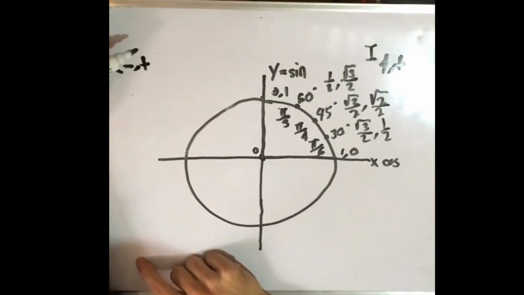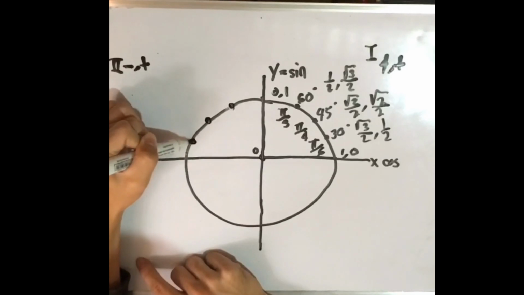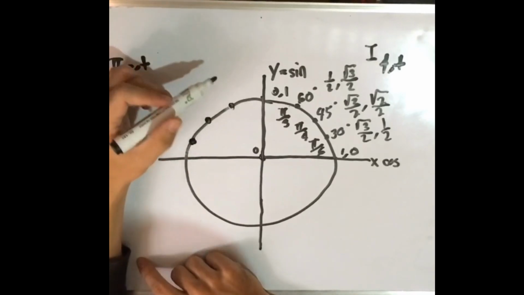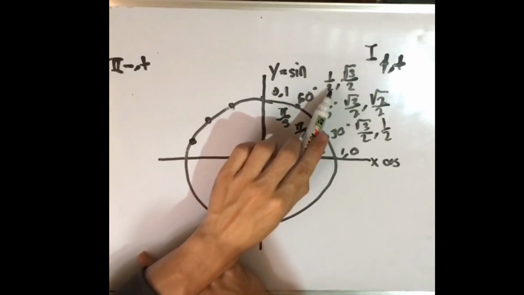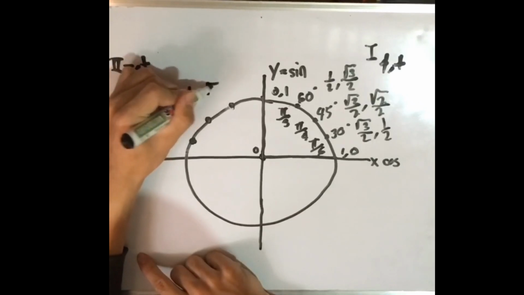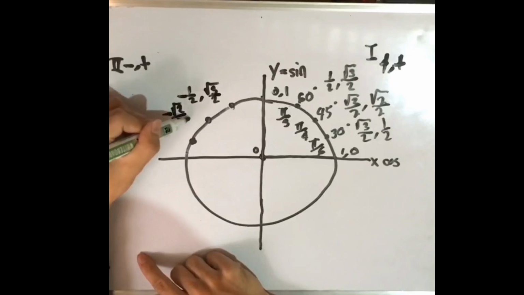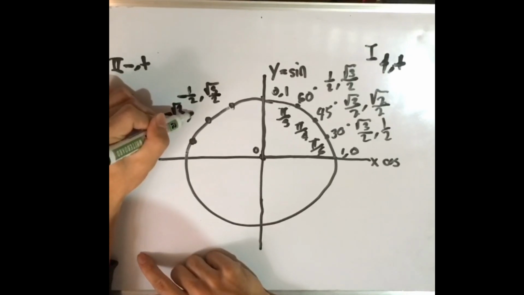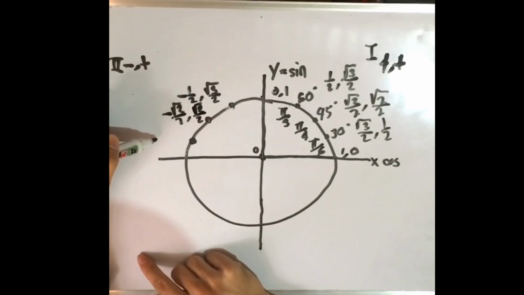So this is 60 degrees, 45 degrees, and 30 degrees. For 60 degrees, since x is negative, it's negative 1/2 and positive root 3 over 2. Then negative root 2 over 2 and positive root 2 over 2, and for 30 degrees, negative root 3 over 2 and positive 1/2.